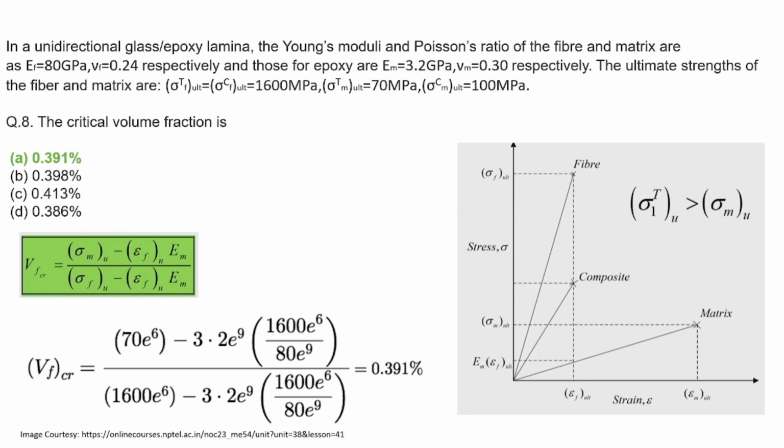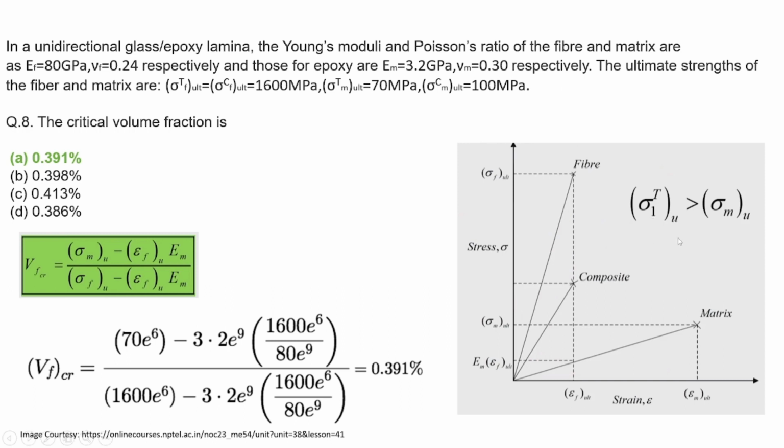The critical volume fraction is the minimum number of fibers that should be added in the matrix such that the whole composite's ultimate tensile stress will be more than that of the matrix's ultimate strength alone.